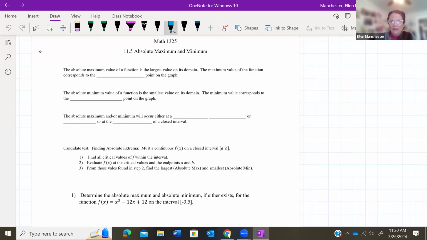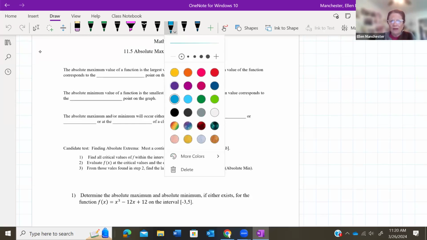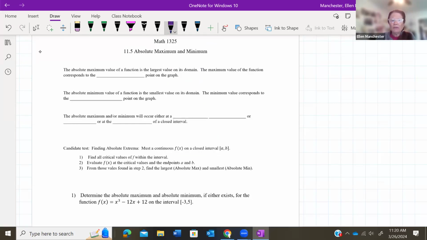So it makes logical sense that our maximum value of any function corresponds to the highest point on the graph. And this is called absolute, you'll see this in my math lab, absolute extrema. Okay, that's the term that they use for both highest, and then the absolute minimum happens at the lowest point on the graph. Makes sense, right?